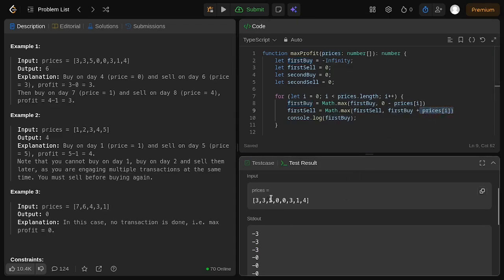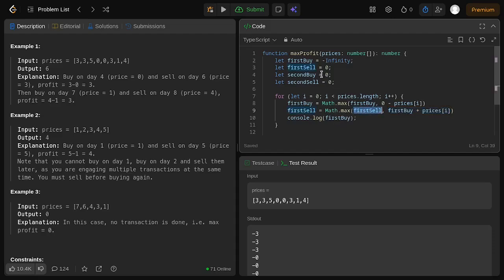Let's say we have 5 right here, then the first buy stays as -3 and the 5 stays on prices[i], so it will be +2.